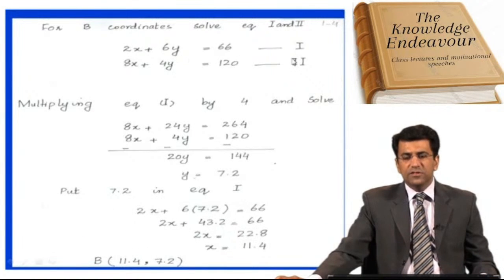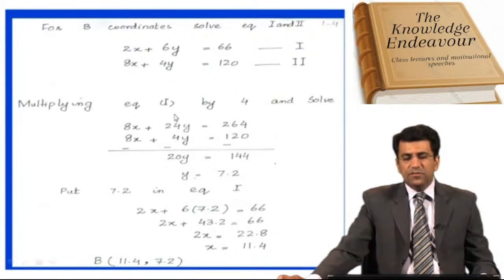Now again, this is our first equation, this is our second equation, and we'll have to equate the coefficients of either variable, x or y, so that we can subtract the equations and finally get the value of a particular variable.